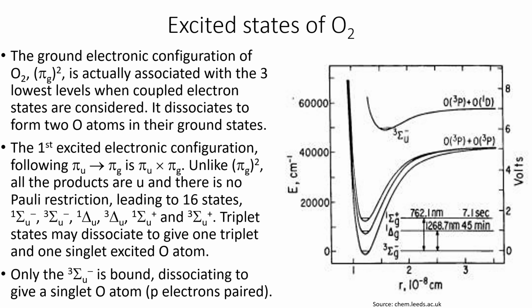And it so happens that of those 6 levels, only one of them, this triplet sigma U minus, is bound. That means to say that you actually get a proper potential well with a minimum in it, where the molecule can sit in that minimum, and the minimum represents the equilibrium internuclear distance. So what happens with all the other 5 is that you just get a line, a bit like an exponential decay.